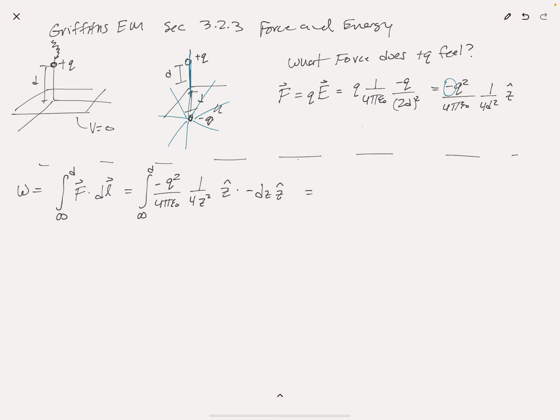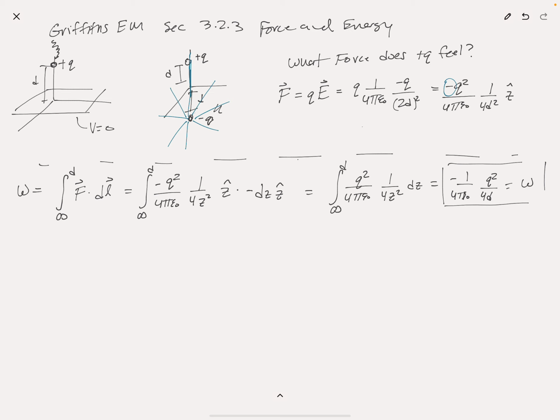Now I'm left with the integral from infinity to d of q squared over 4 pi epsilon naught, times 1 over 4 z squared, dz. You do that integral, you get minus 1 over 4 pi epsilon naught, q squared over 4d. Great. That's the minimum work required to build that, so that's the energy of our configuration.